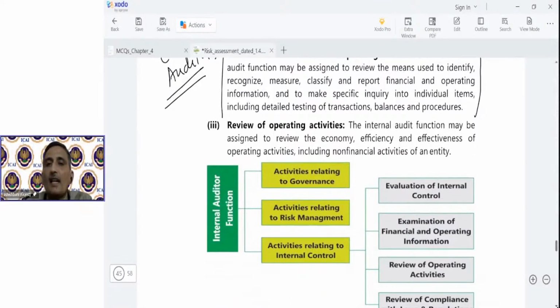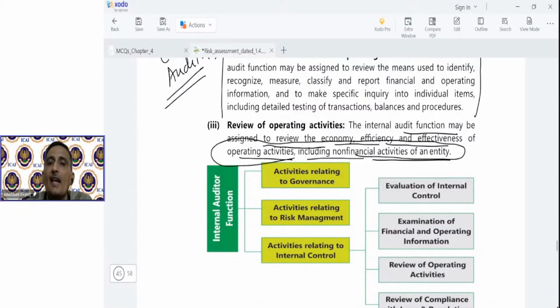Now the internal audit function may be assigned to review the economy, efficiency and effectiveness of operating activities, including non-financial activities. It is not necessary that the internal auditor is confined to reviewing only financial information. He can look whether the plant is working at optimum capacity or not.